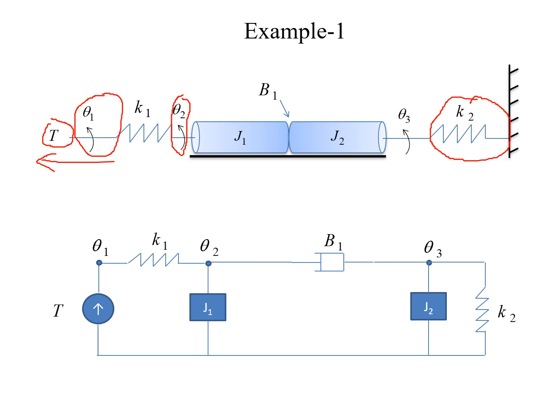Now you have a friction which is represented as B1 between J1 and J2. So I am connecting the dashpot, and it is connected between theta2 and theta3, and the spring K2 is connected to theta3 only because the other end is connected to the fixed wall. So I am connecting K2 directly to theta3.